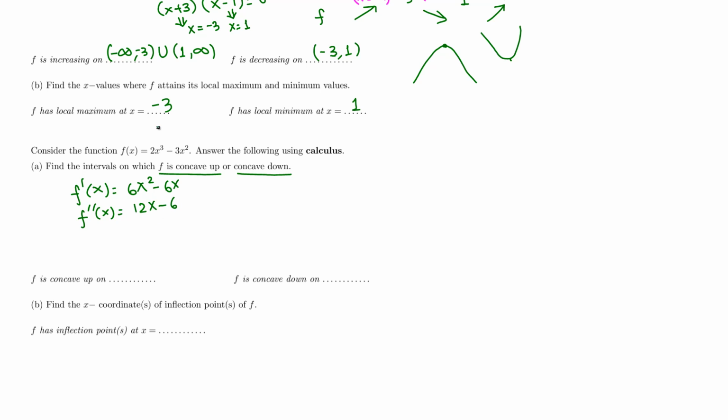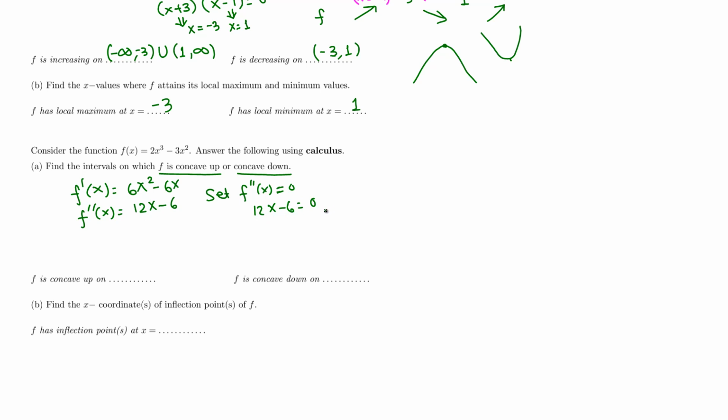Okay. Now we repeat the procedure like we did earlier on the previous question. We set the second derivative 0 and find the x values. Those x values are the candidates for inflection points, x values of inflection points. Okay, just the candidates. So second derivative is here, 12x minus 6 equals 0.